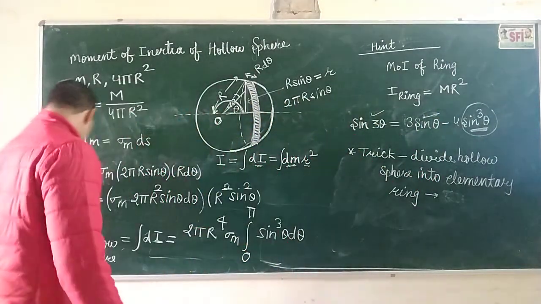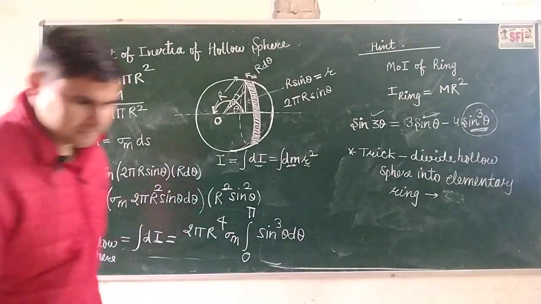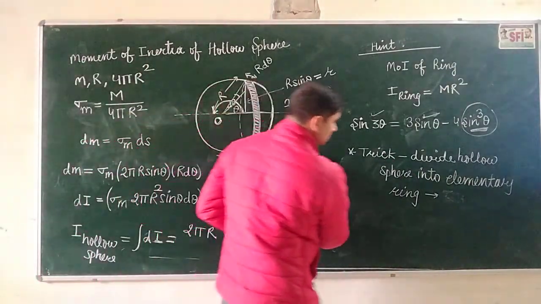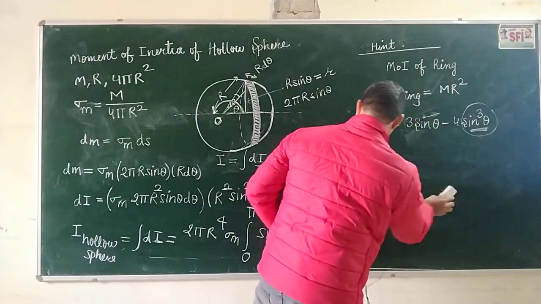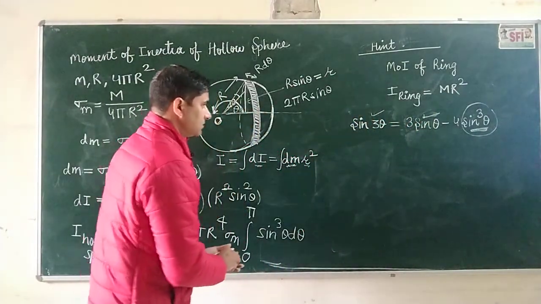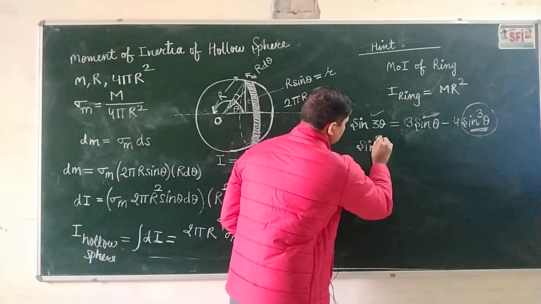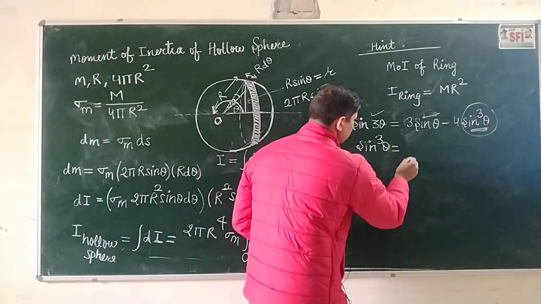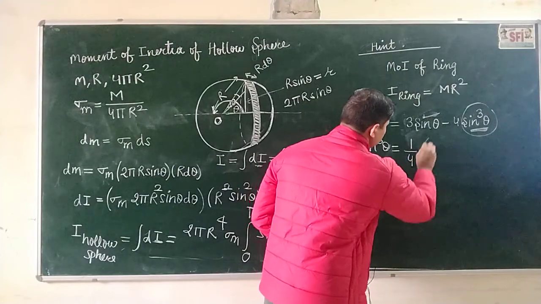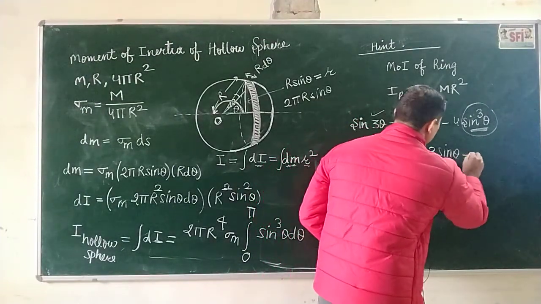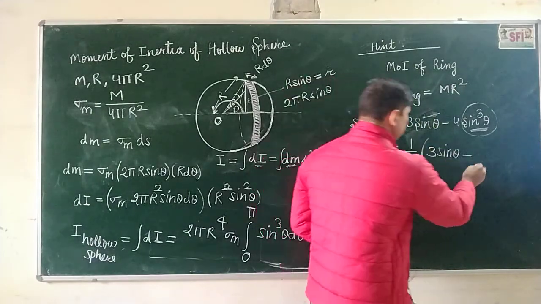So if you substitute the value here, then you will get sine cube theta, this will be equal to 1 by 4 [3 sine theta minus sine 3 theta], taking this factor on the right hand side.